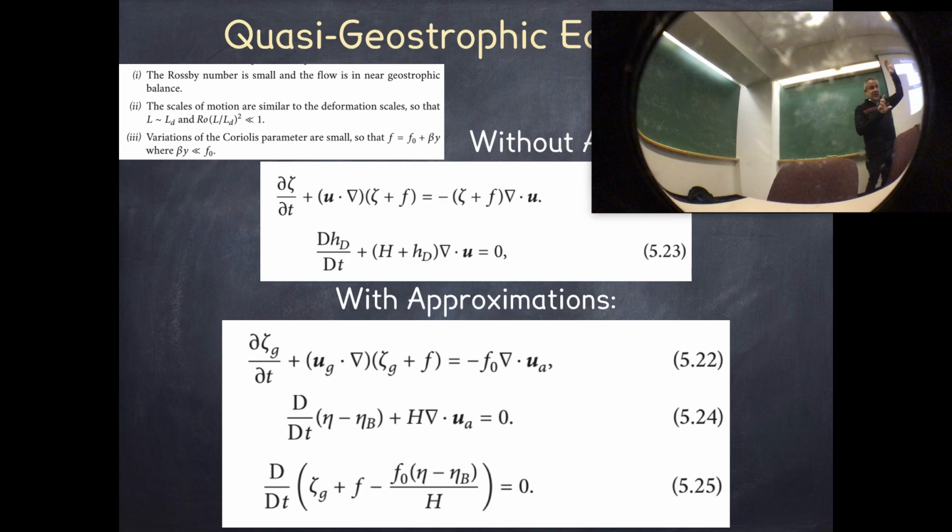Okay. So how do we form a vorticity equation? Basically, if we take this particular combination of objects and expand out the derivatives, we take the ddt of zeta g, that's this equation. We take the ddt of f naught, eta minus eta b over h. F naught is constant, h is constant, so really it's f naught, the constant, over h, constant.